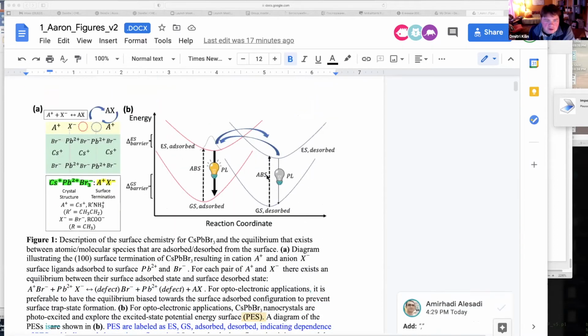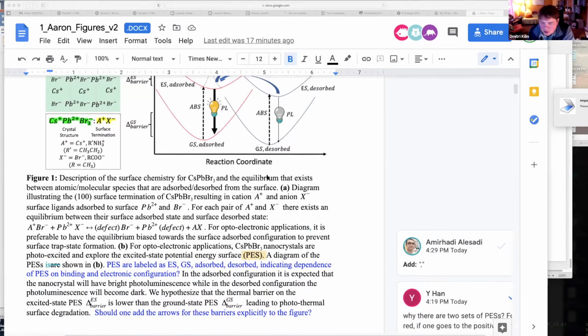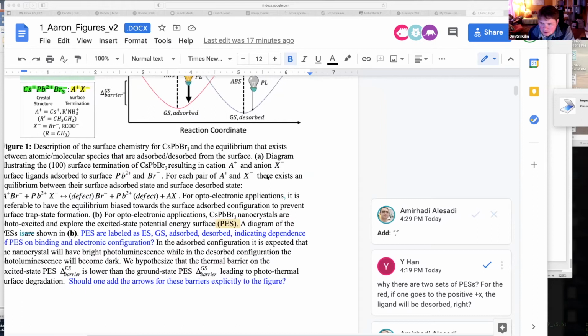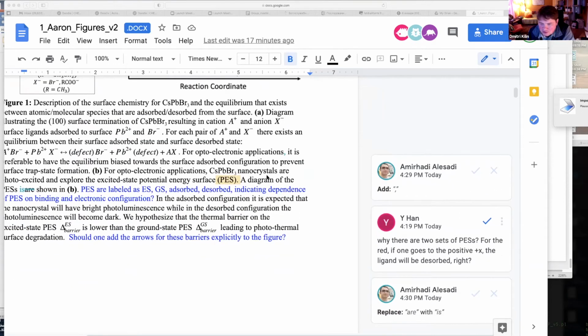Okay, so figure number 1, there are editorial suggestions from Amir. Thank you very much for very good eye catching all things. Yulun is asking why there are 2 sets of potential energy surfaces.